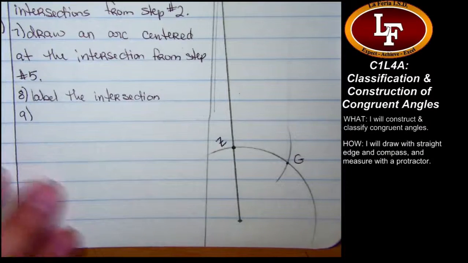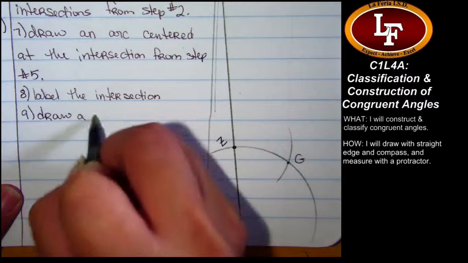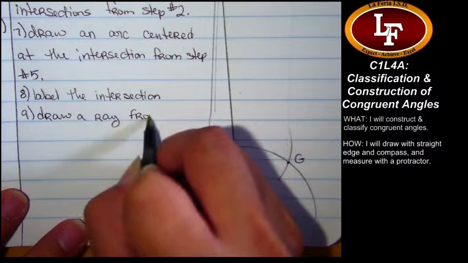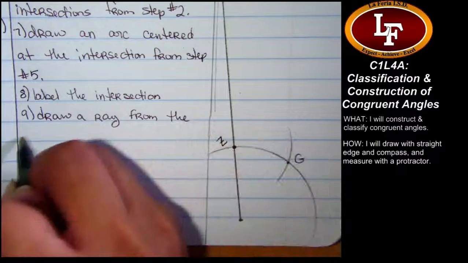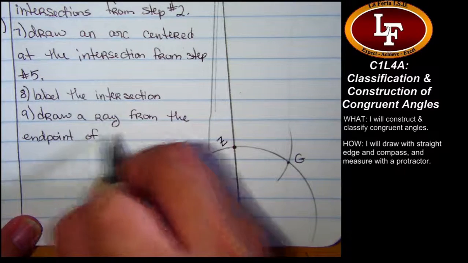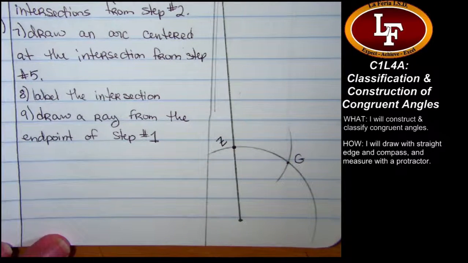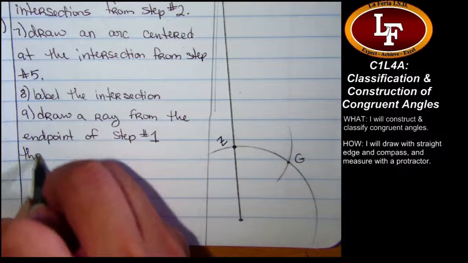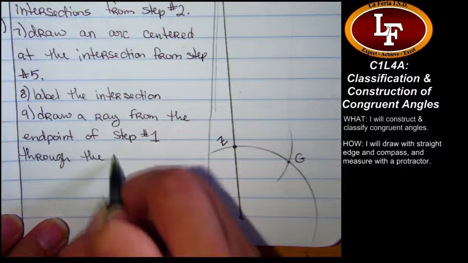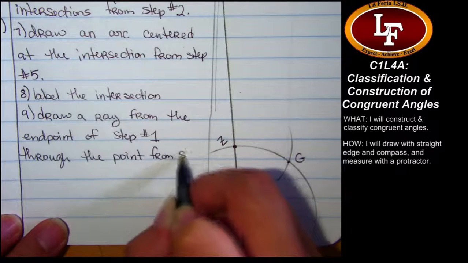Using your straight edge, draw a ray from the endpoint of step 1, so that original ray that you drew, and make sure that it goes through the intersection point from step 8.